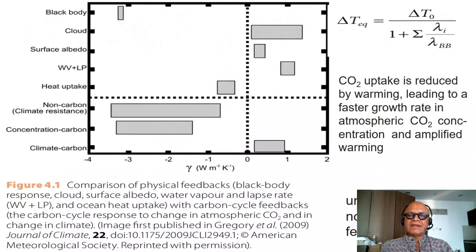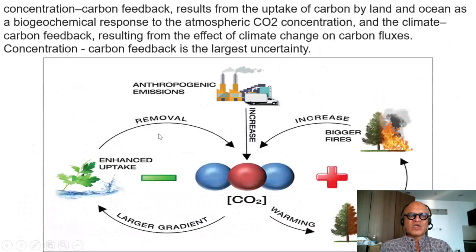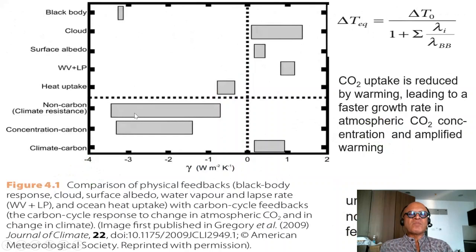So just remember that. And this paper by Gregory et al. in 2009 included the physical feedbacks as well as the carbon feedbacks that we mentioned. Concentration carbon feedback, which is negative because we expect this response, and the non-carbon response or the climate resistance response. You can think of that including all the negative feedbacks in the system.